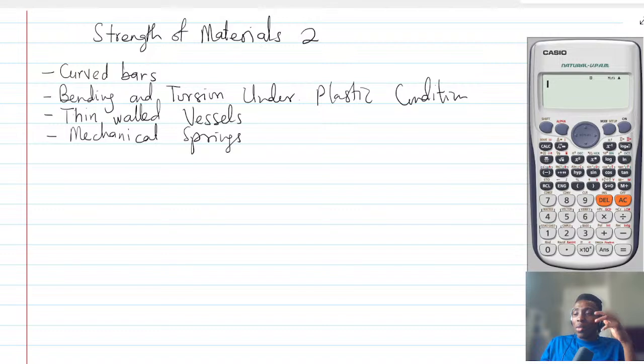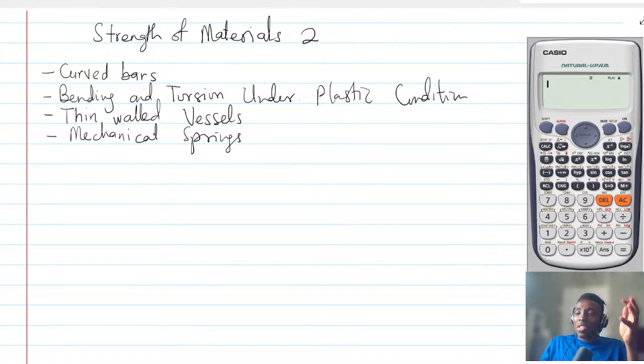And then you can also look at the Euler load. I have done some videos on the Euler load, on the conditions of the Euler load, looking at whether it's both ends hinged, both ends fixed, one end hinged and the other end fixed.